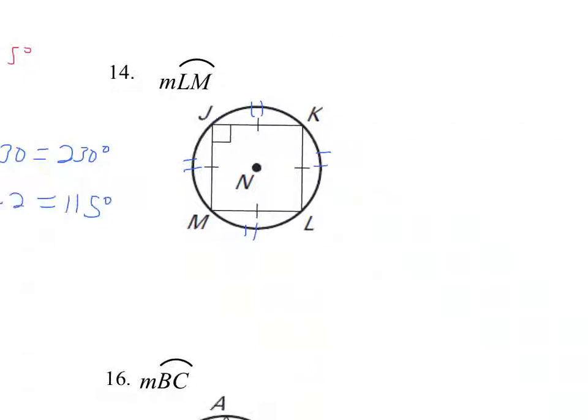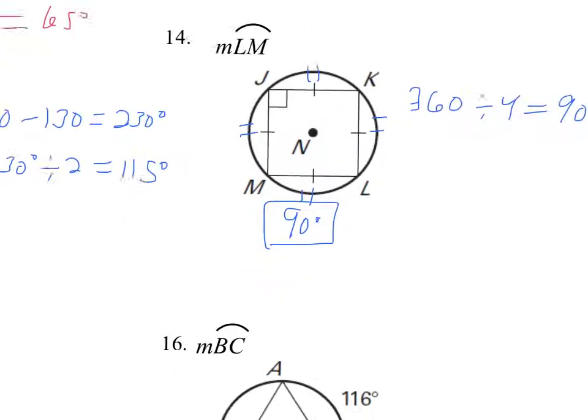And since there are only 4 of them, these 4 make up the whole thing, I would simply do 360 divided by 4 equals 90. That means that each one of these arcs has a measure of 90 degrees. So LM is 90 degrees. There are a bunch of different ways you could do that. That's just the way that I would approach number 14. I think that's the easiest way.